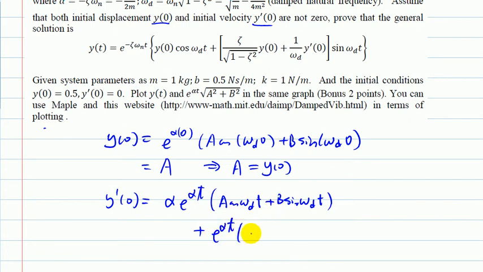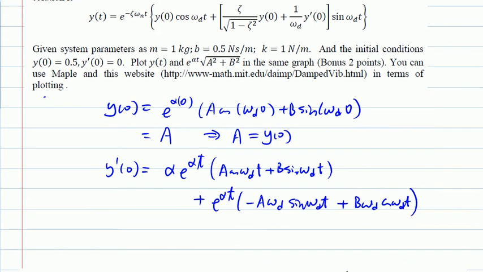And what's inside here is negative a omega d sine omega d t plus b omega d cosine omega d t, right? So that's this guy here. So this is, let's say, y prime. Now I substitute the initial condition. The initial condition is you let t equal to 0, so this term becomes 1.